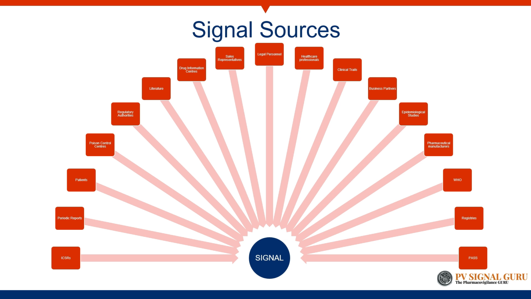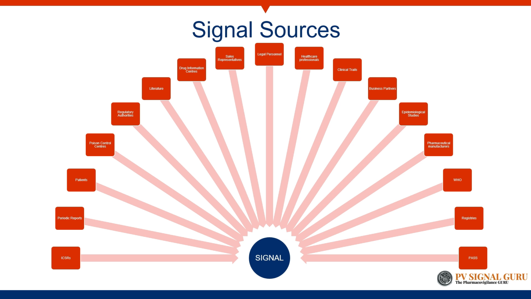Regulatory submissions, PSURs, RMPs, as well as variations. So changes to drugs' marketing authorization such as updates to the product information or manufacturing processes. Drug information centers. These centers provide information on drug use and may also report ADRs. Patients.